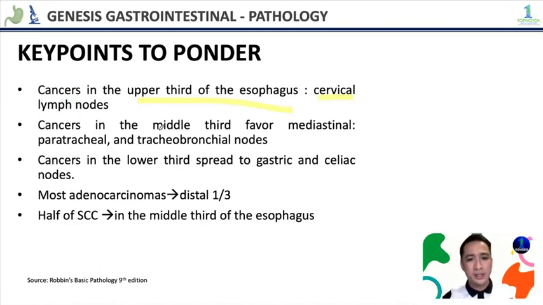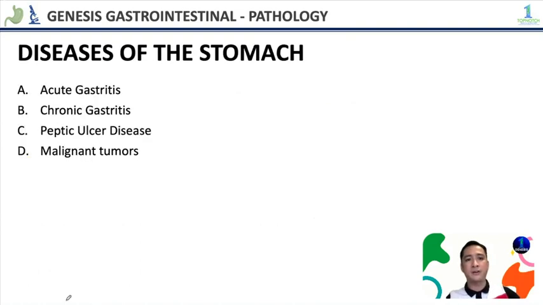In the middle third, of course, mediastinal, paratracheal, and tracheobronchial nodes. In the lower third, gastric and celiac. Most adenocarcinomas are in the distal one-third. Half of the squamous cell carcinomas are in the middle third of the esophagus. All right, that's for the cancer of the esophagus.